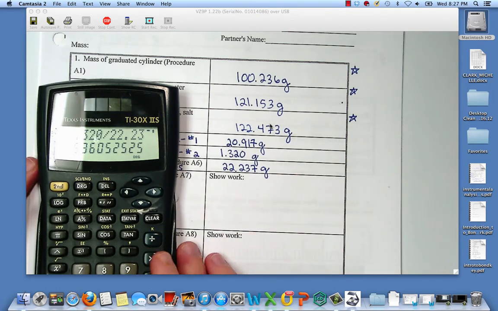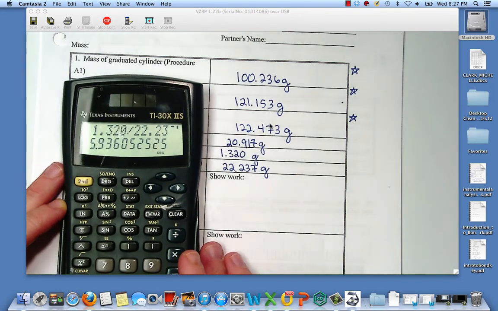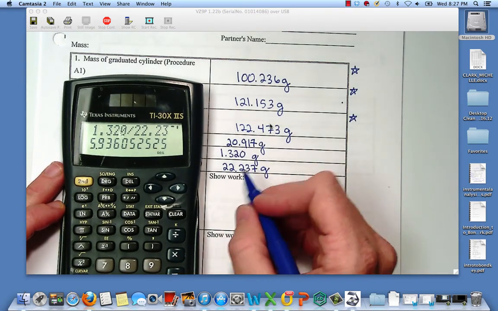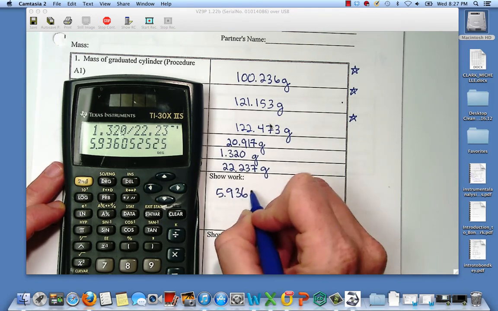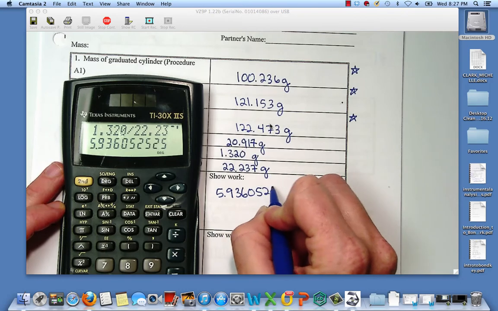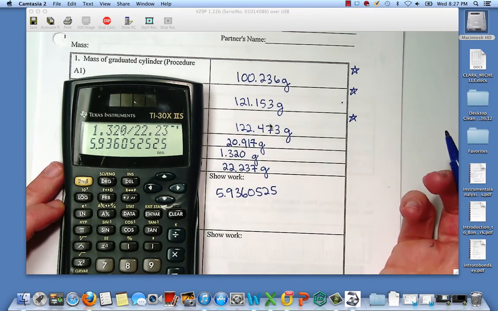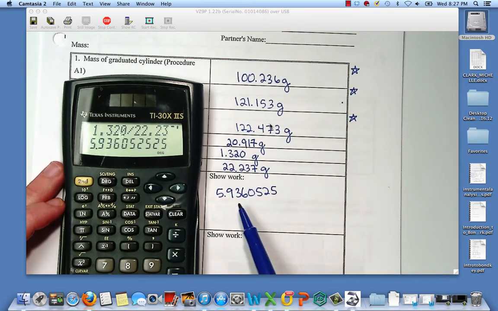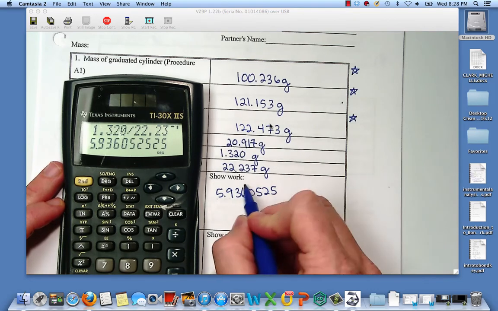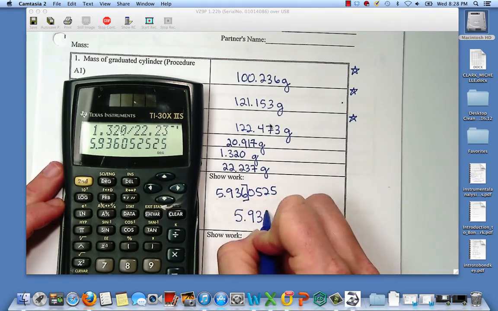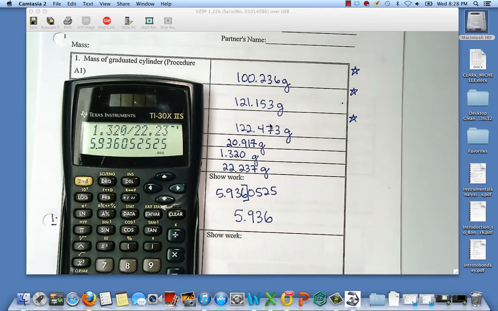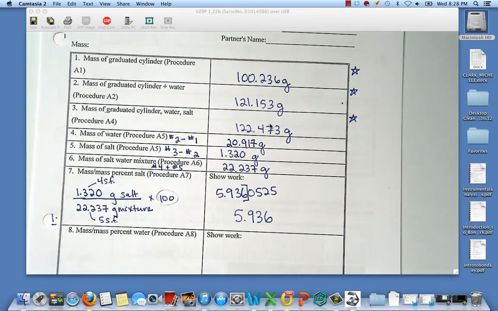So 5.9360525. Now, how many sig figs did I say we needed to have? 4. So 1, 2, 3, 4. So 5.936. What would the units be on this calculation?